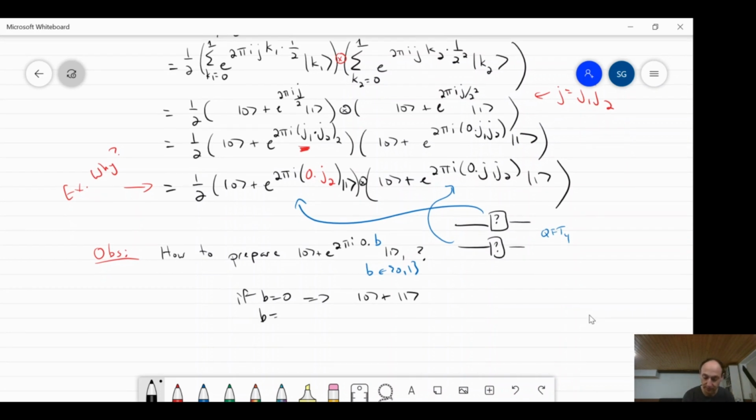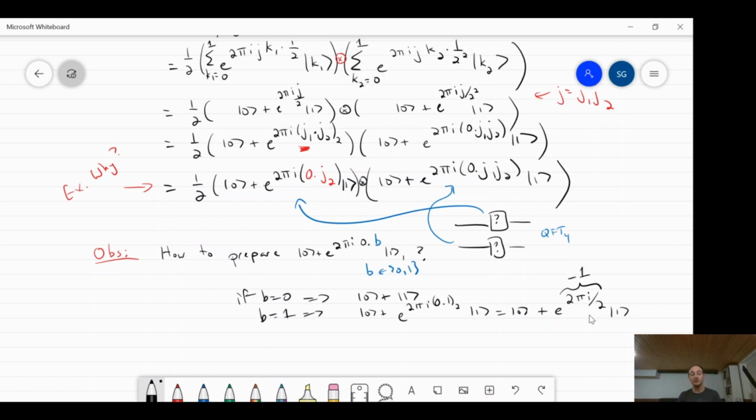And if b is 1, then you get |0> plus e to the 2 pi i times 0.1 in binary. What is 0.1 in binary? That's nothing other than e to the 2 pi i over 2, because 0.1 in binary is just a half. And what is this thing? That's just e to the pi i. It's halfway around the unit circle. So this is just -1.